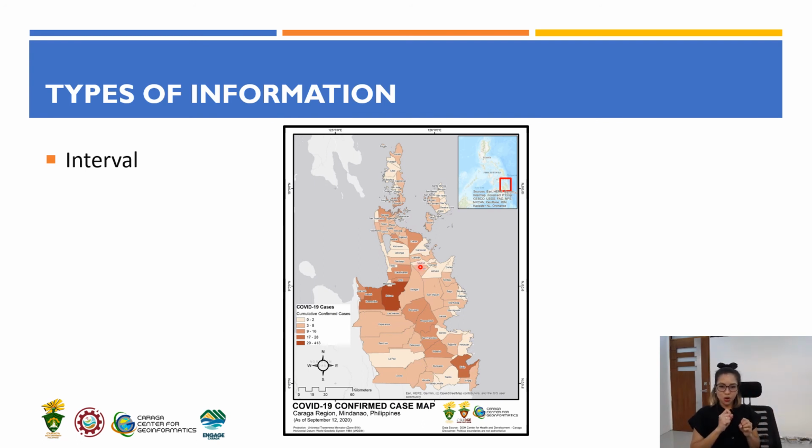What the researcher did when making this map is gather how many cases there are in Butuan, Ichara, Habonga, something like that, and color code them according to the range you see in the legend, which is the cumulative confirmed cases.